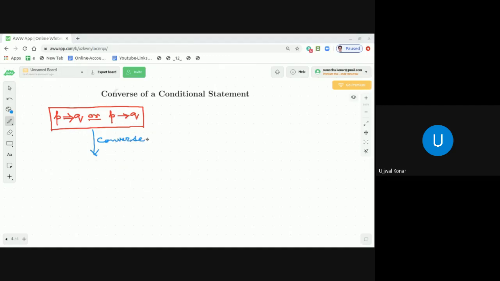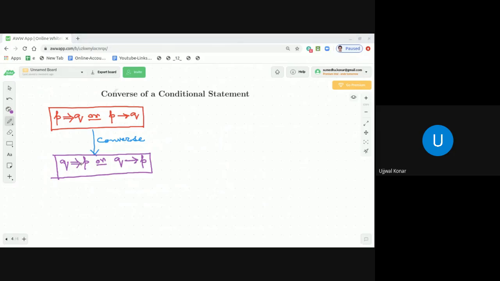Its converse will be, dear students, Q implying P, or Q arrow P. So if I use a different color, it will be something like this: Q implying P, or Q arrow P. That is known as the converse of the statement I marked in red color.